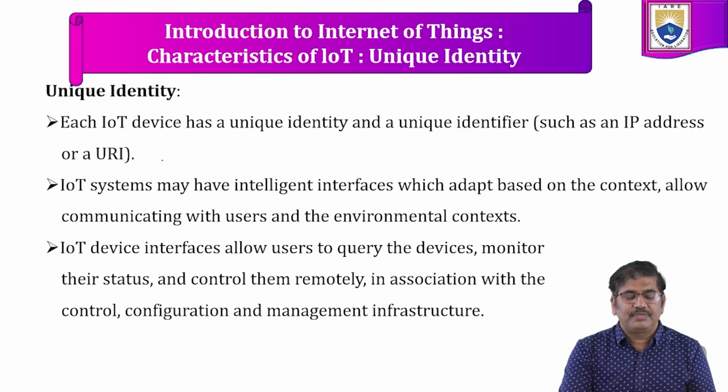Unique identity: each IoT device has a unique identity and a unique identifier such as an IP address or URI. IoT systems may have intelligent interfaces which adapt based on the context and allow communicating with users and the environmental context.